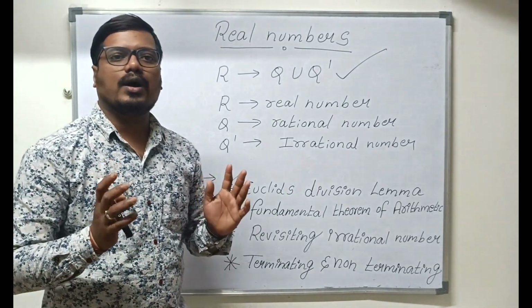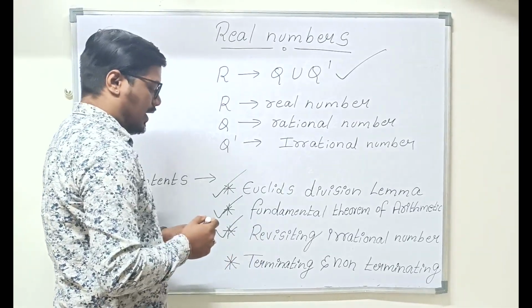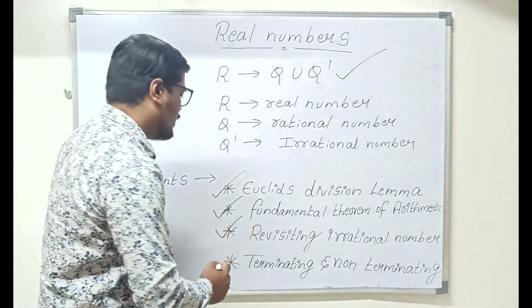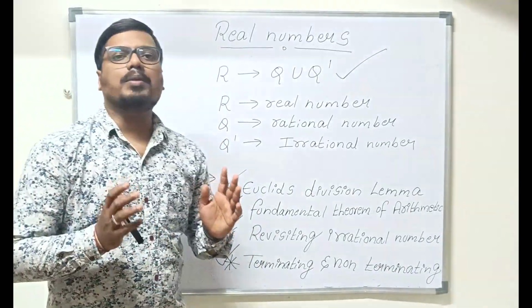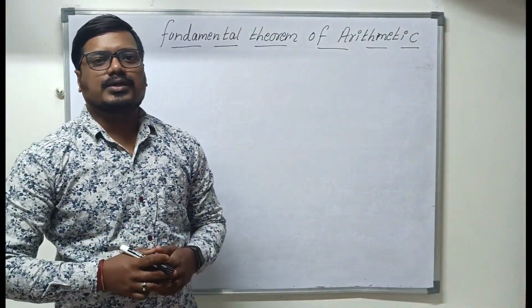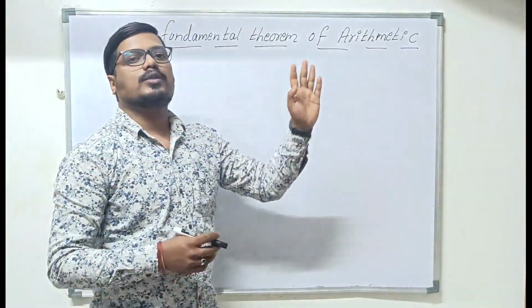The third concept is revisiting irrational numbers. And the final one is terminating and non-terminating decimals. Now one by one, you're going to learn all these concepts. The first concept in real numbers we're going to learn is the fundamental theorem of arithmetic.